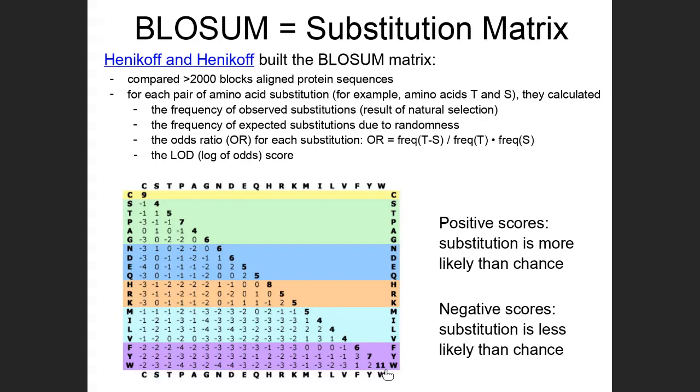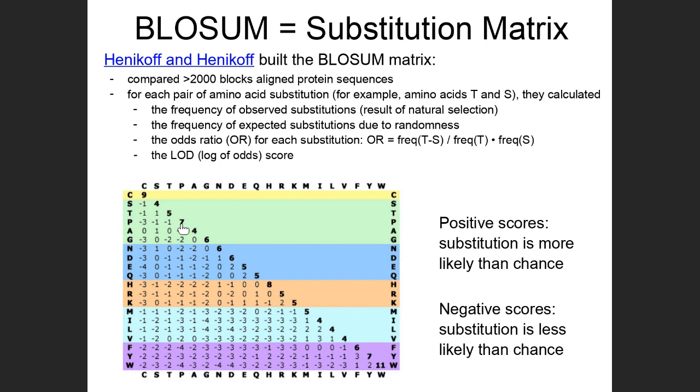So if you think tryptophan could change for something else, yeah, it could, but it often doesn't change. That's what this high positive number means. So tryptophan is really special, and then another second special is cysteine, and then this one, proline, is kind of special too, which is what we're going to look at in the next slide.